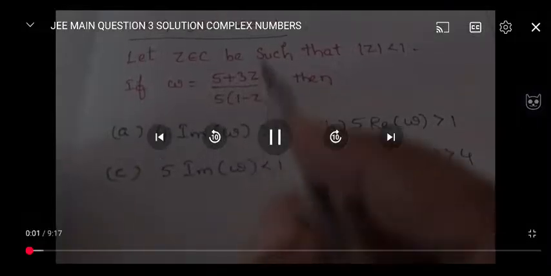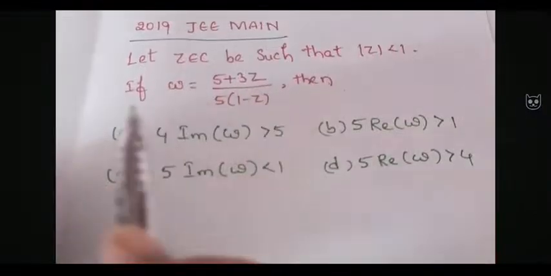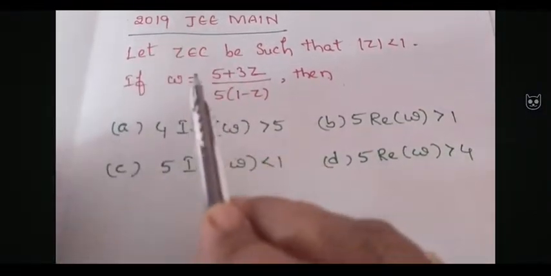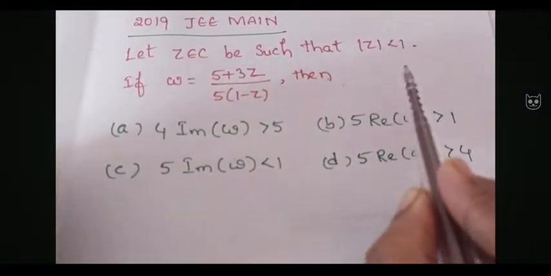Third question is, it is asked in 2019 JEE Main. The question is, let Z belongs to C be such that mod Z less than 1.